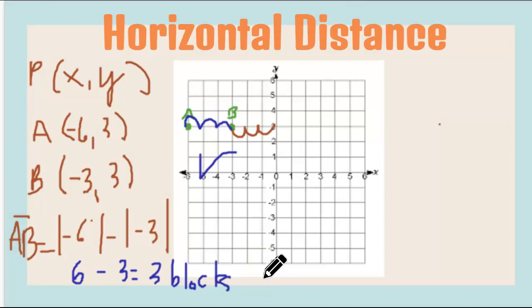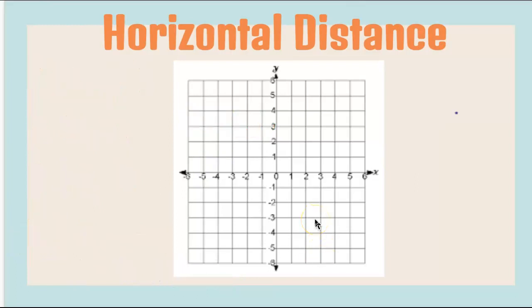Let's find another horizontal distance that is not on the same quadrant, that is from one end to another. All right, so let's say I have a point from here. Let's take this again. I'm going to be locating my point over here to over here. Let's label this C and D. Let's find their coordinates. The coordinates of C are -4 and 3.